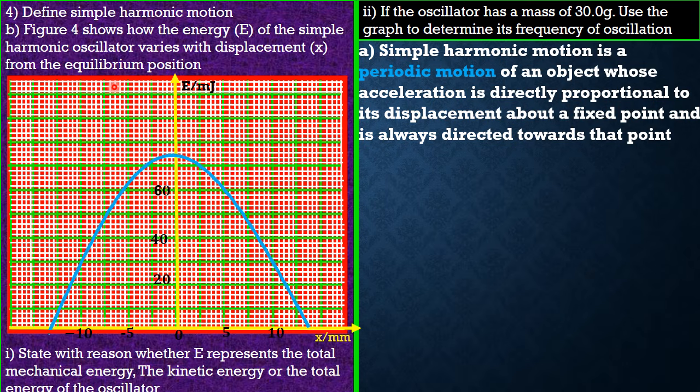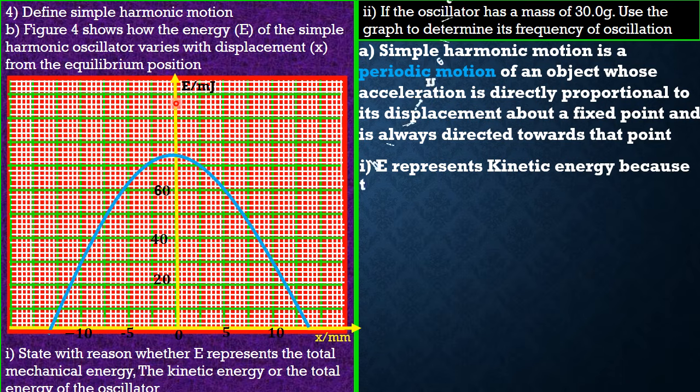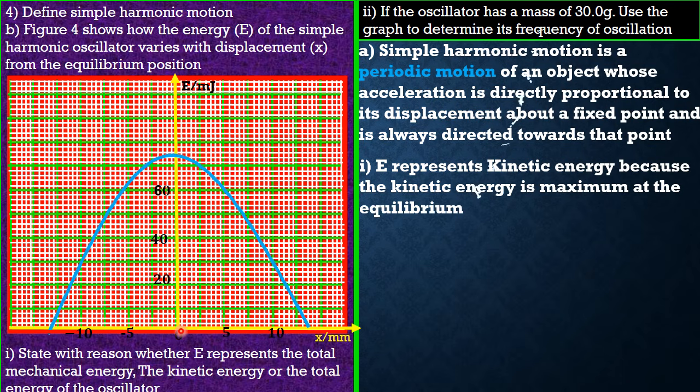So this is the graph they've given us, a graph of energy against displacement. What do you think this graph represents? Is it total energy, mechanical energy, or kinetic? Obviously this graph represents the kinetic energy, because the kinetic energy is maximum at the equilibrium position.